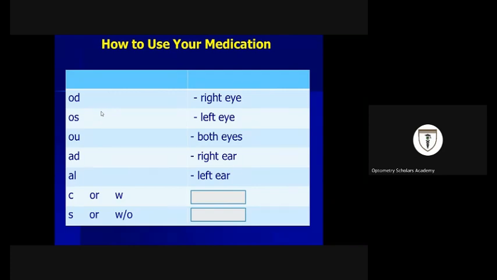Yes, there are some ENT drugs for the ear, nose, and throat, so you should know this, especially when interpreting a prescription for somebody who was given a drug for the ear. You're also a doctor, so you need to be versatile. C or W means with, S or WO means without.